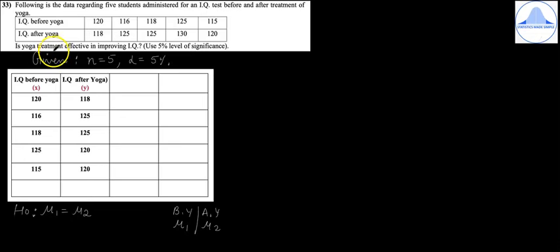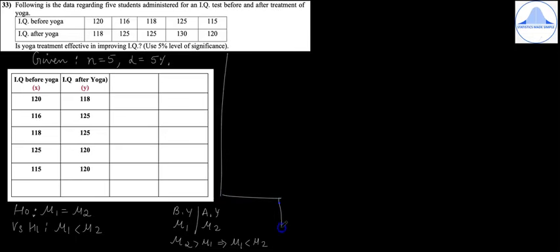So the question is, is yoga treatment effective in improving IQ, or in other words they are asking whether mu2 is greater than mu1. But whenever we write the hypothesis, we will have mu1 first and then mu2. So it means that mu1 is less than mu2, versus the alternative hypothesis, that is mu1 is less than mu2. So this is a left-tailed test.